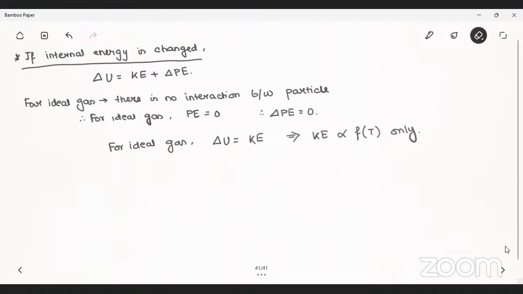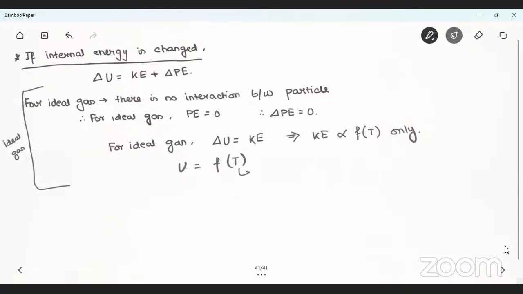So for ideal gas, U will be a function of T. From here to here, it is the condition for ideal gas. Another example is that for an ideal gas, U is a function of temperature only. This T is temperature, not time. This is the temperature only.